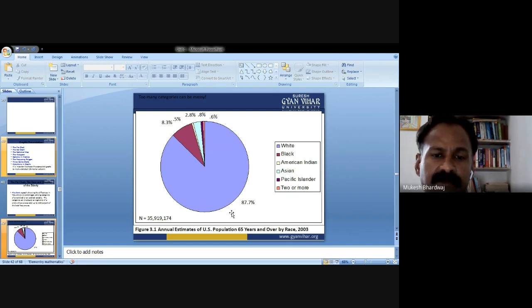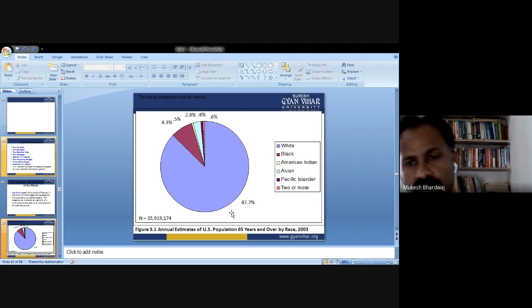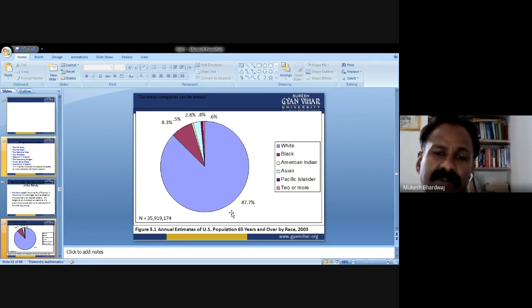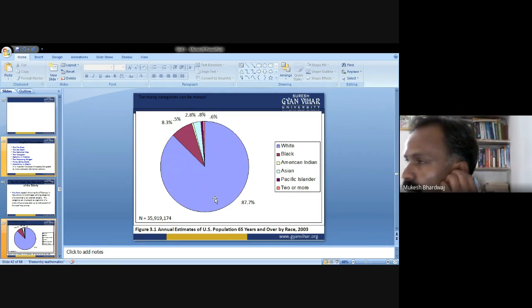The population is based on race: how many are Black, how many are White, how many are American Indians, how many are Asian, how many are Pacific Islanders, and how many are all the remaining others. So 87.7% are the whites, as you see in the lavender color, which is in the majority. 87.7% contains the white people of the US who are aged 65 and more.